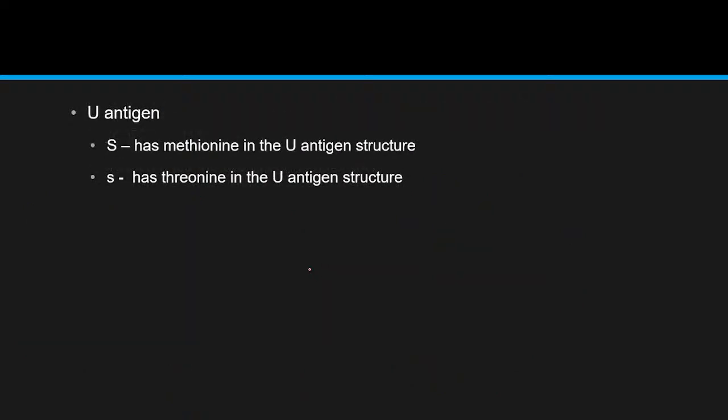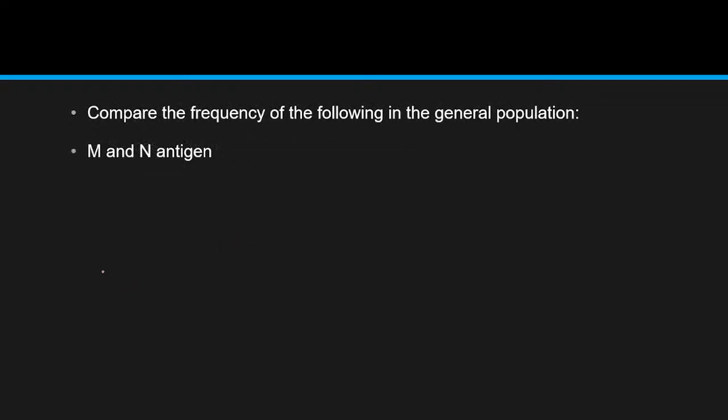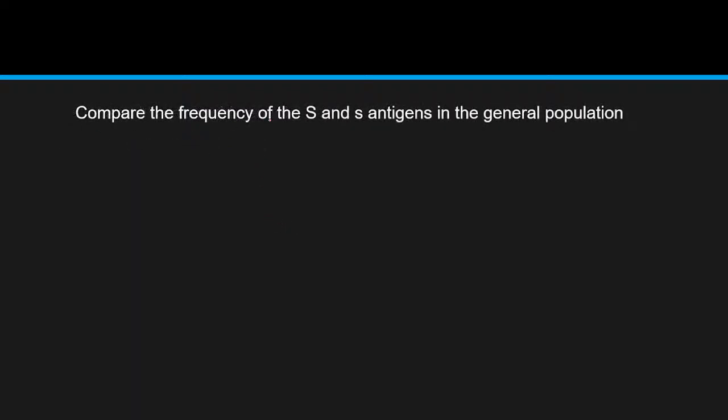Okay, easy, easy, easy. Now, let's compare the frequency of the following in the general population. M and N are considered to be equally distributed among the general population. Let's compare the big S and the small s antigens.